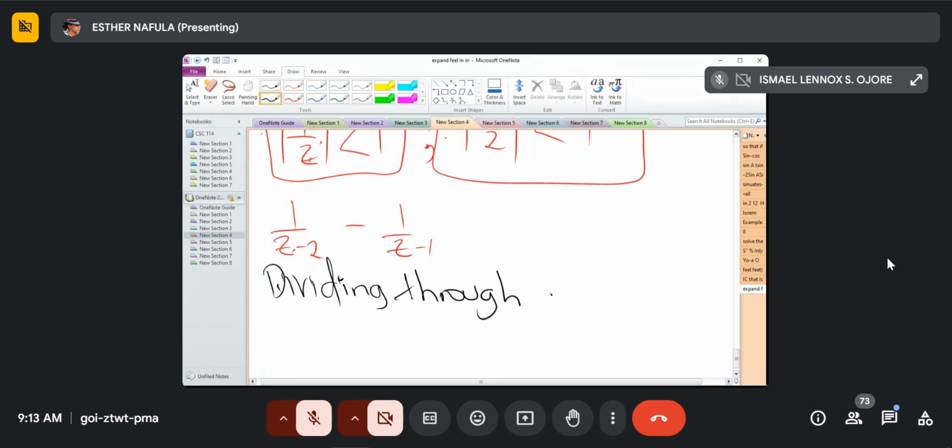We'll have to rearrange and maybe write 1 minus z over 2. We are dividing through by 2 in the first part. If you divide through by 2, we have 1 over 2 over z over 2 minus 2 over 2, so z over 2 minus 1. That is a z minus 1. We need either 1 minus z or 1 plus z.